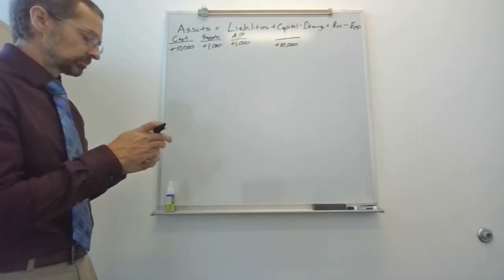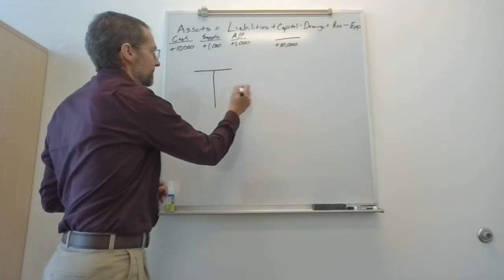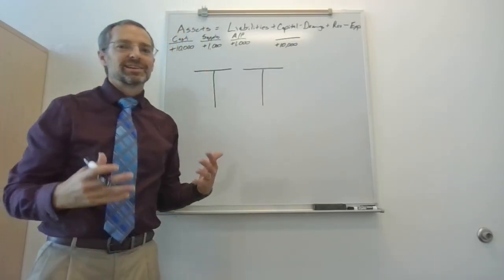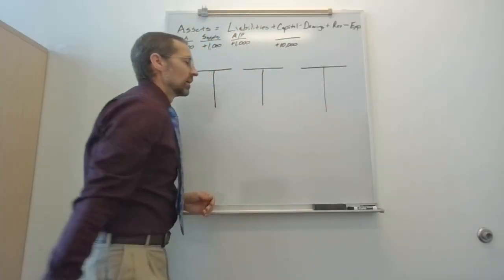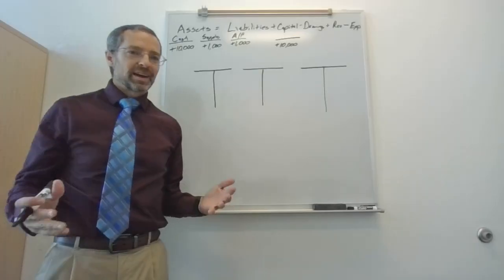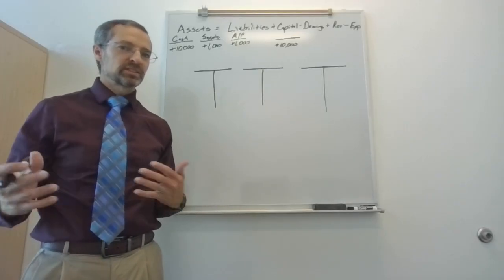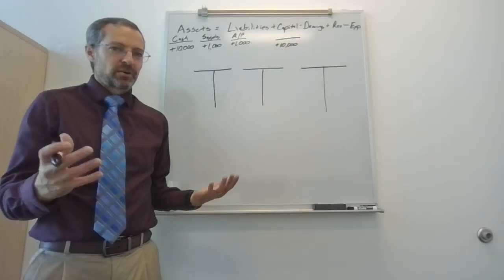And then we are going to figure out our debits and credits. So debits and credits, they are not good or bad. They do not necessarily mean up or down. It depends on which account we're talking about, whether a debit makes it go up or down.